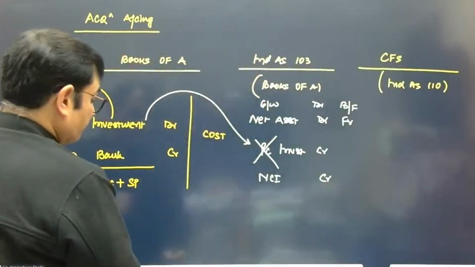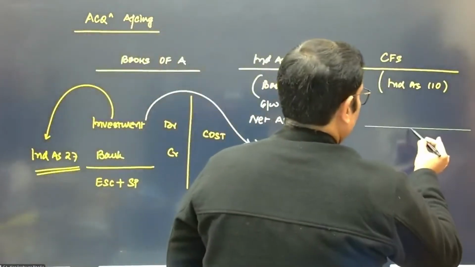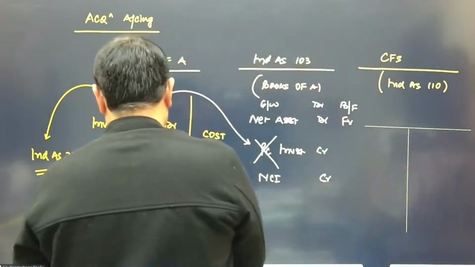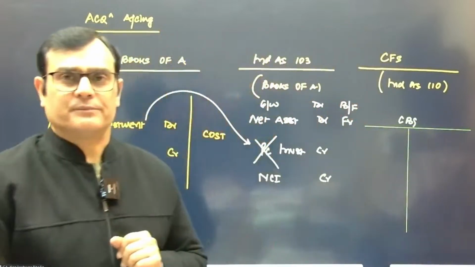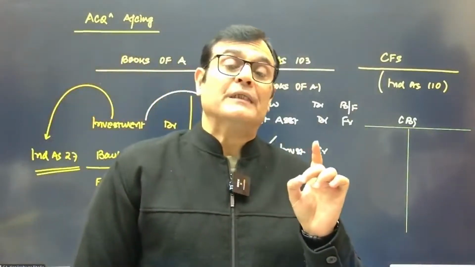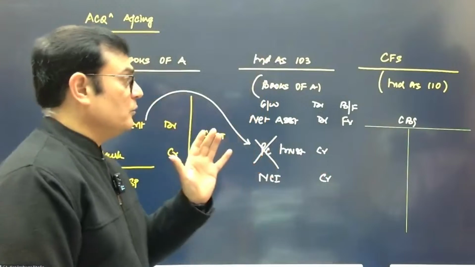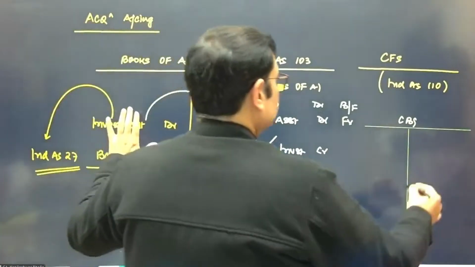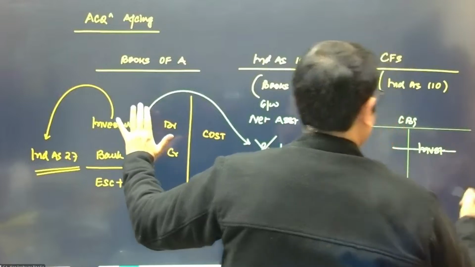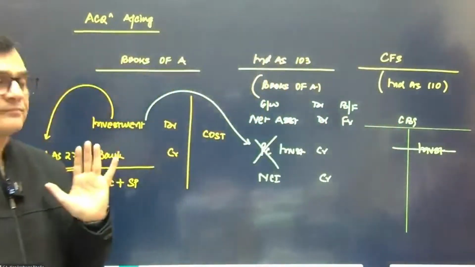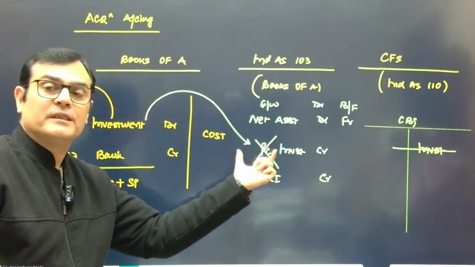And if you know some basics on consolidation, when you are going to make a consolidated balance sheet, which I will prove to you under Ind AS 110 also, you can see what is being done. This investment which is there in the balance sheet of the company disappears. I gave a credit to the investment, so this investment disappears.